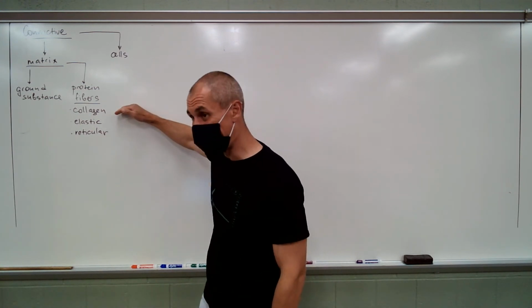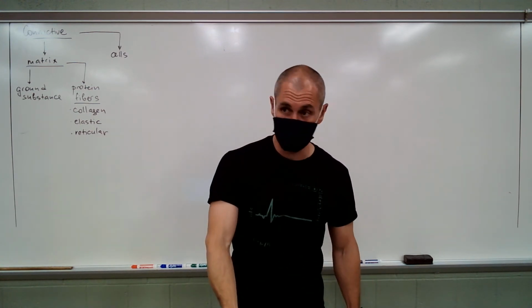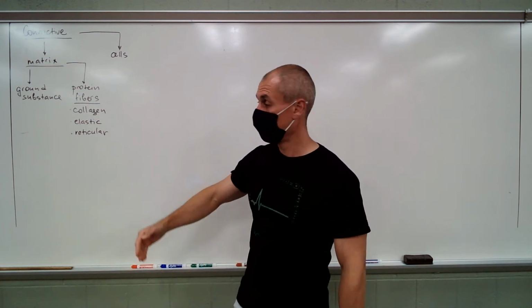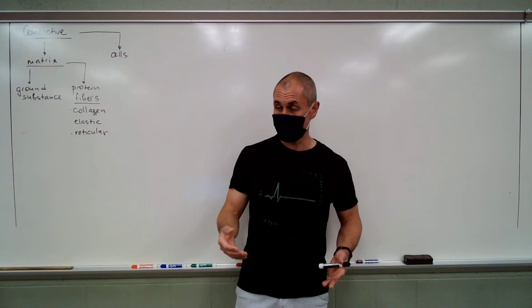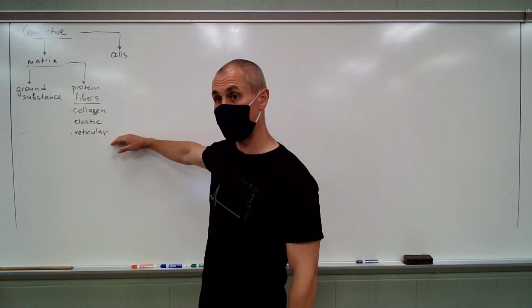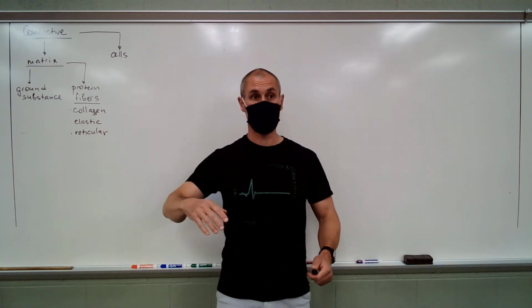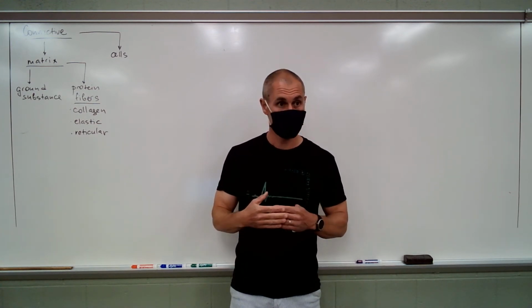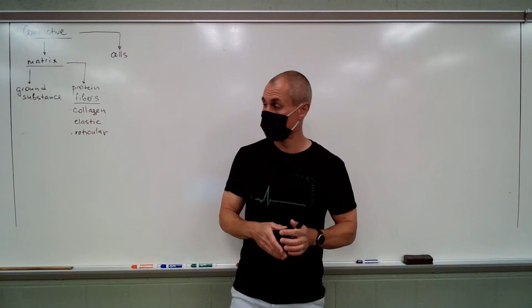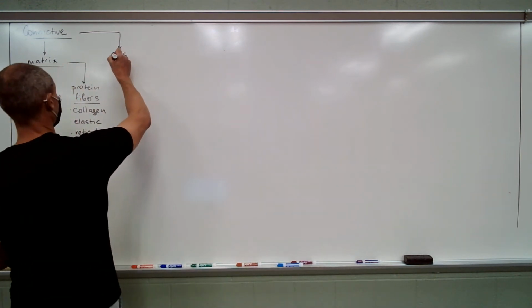You have more collagen, more mechanical resistance. Does that make sense? If you increase the number of elastic fibers, more elasticity. If you increase the number of reticular fibers, the tissue will have better capacity to filter and contain stuff. You follow me?